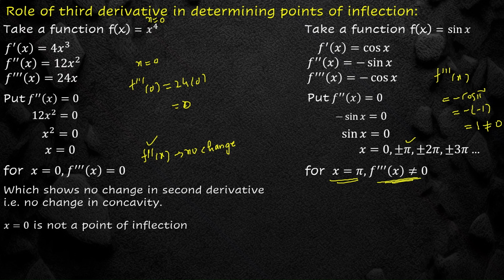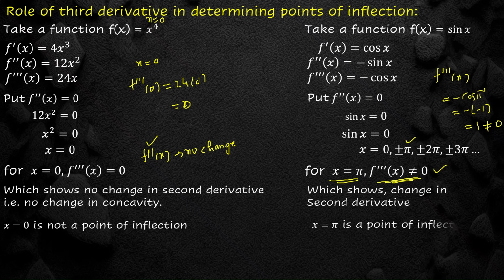That is, the second derivative changes, so the concavity changes. As the third derivative is not equal to 0, there is a change in the second derivative. Hence we can say that x is equal to pi is a point of inflection. Here we have used the third derivative to determine whether a point is a point of inflection or not.